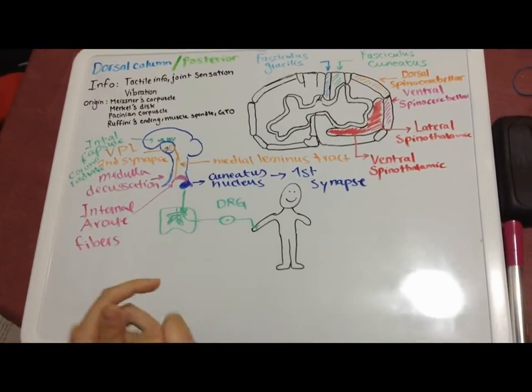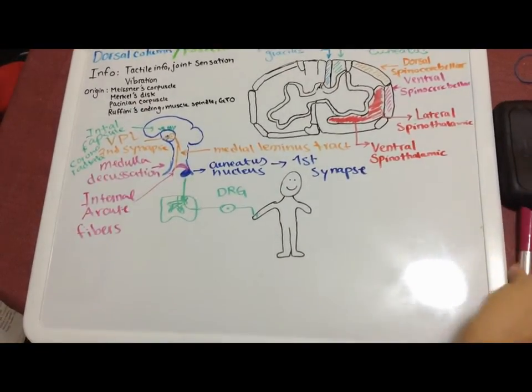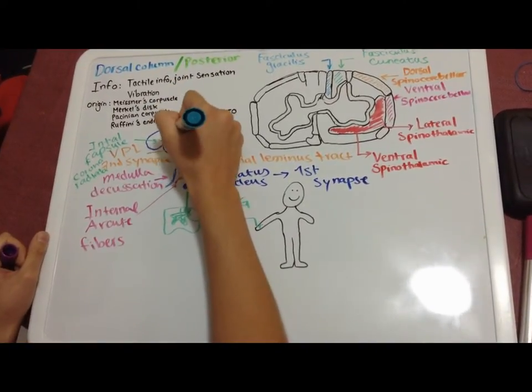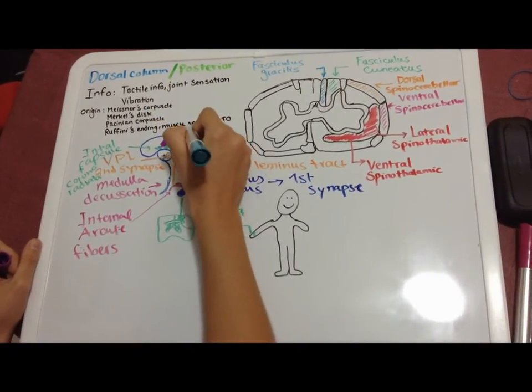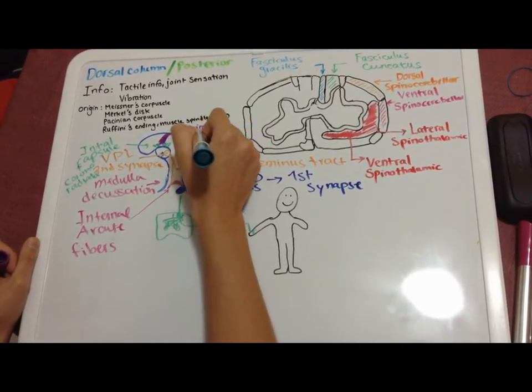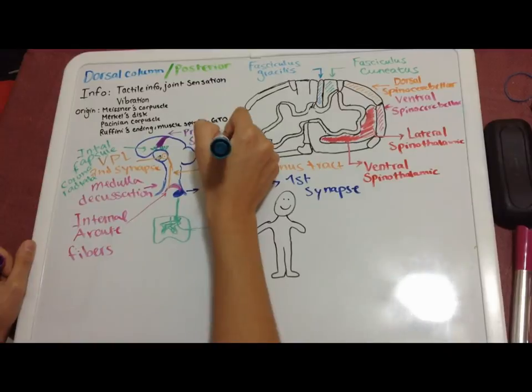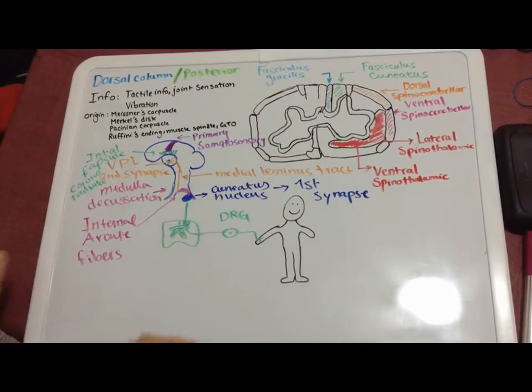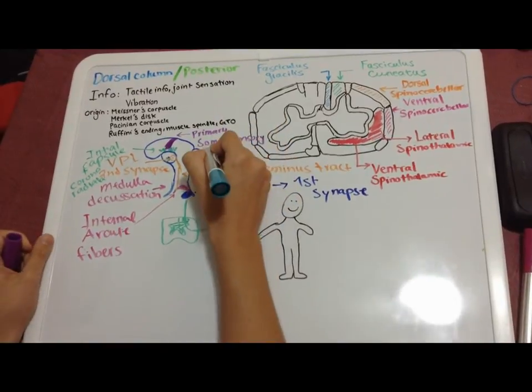And after that, it's going to enter your primary somatosensory cortex, and it's going to have its last synapse there. So here is your primary somatosensory cortex, and this would be your third synapse.